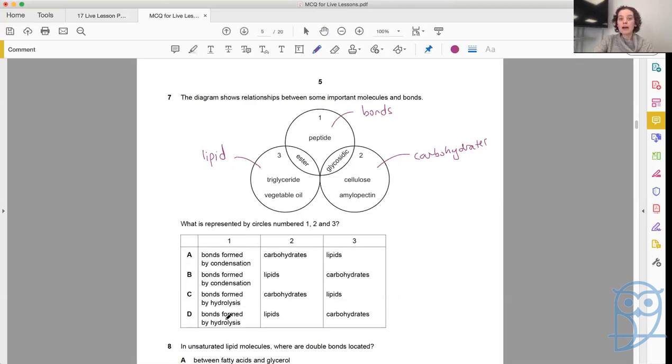Bonds are broken by hydrolysis. So we can add here condensation. And now we know we're looking for 1 is bonds formed by condensation. Number 2 is carbohydrates. And number 3 is lipids. And that leaves us with option A. Straightforward, straight into it, without getting distracted or confused by the options within the table. Answer the question first, then look for your answer.